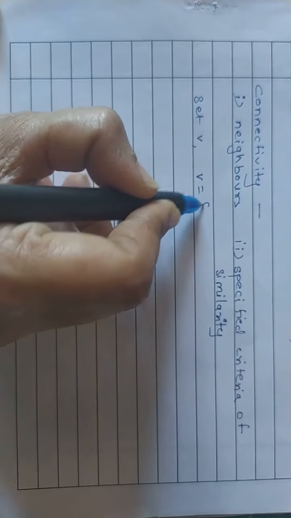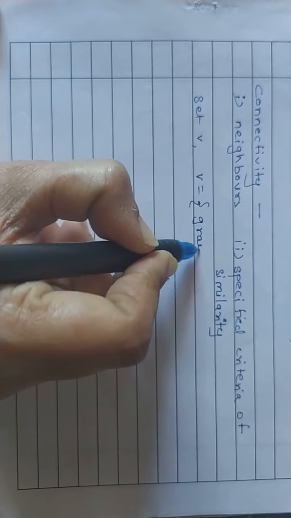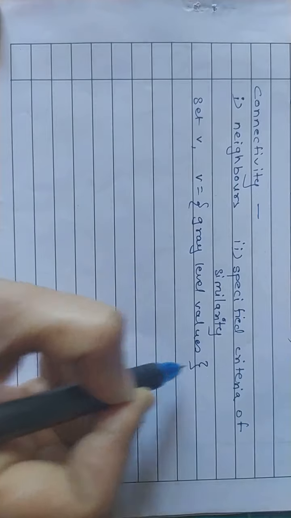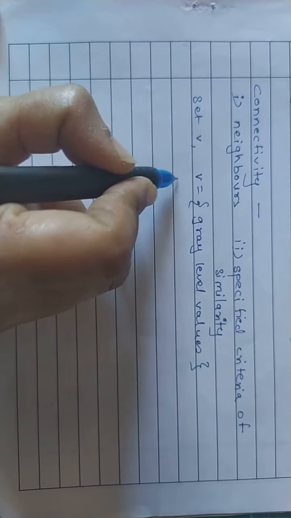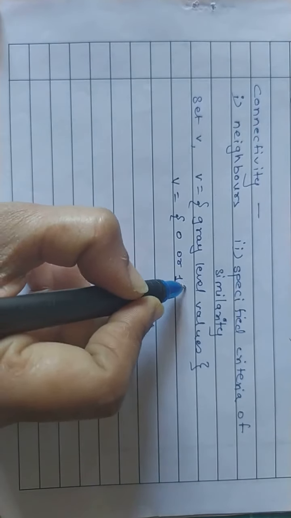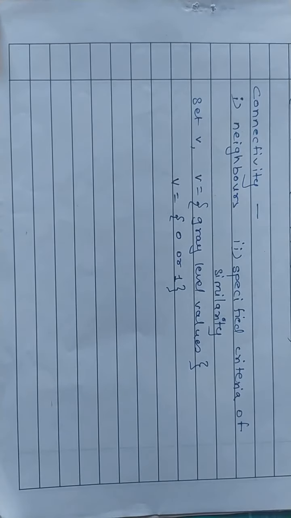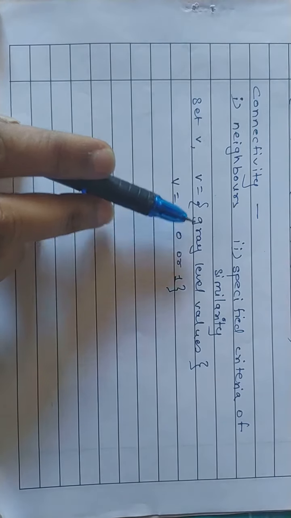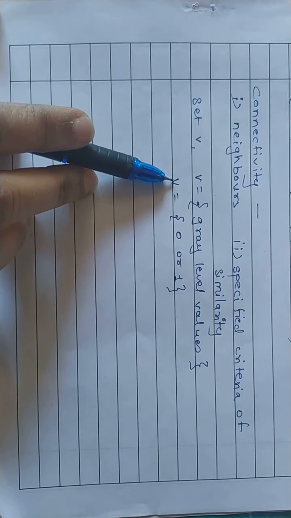In the case of grayscale images, set V is the gray level values, and in the case of binary images, set V is equal to either 0 or 1. So based on whether it is a binary image or a gray level image, the value of set V is going to vary. Based on this, we can consider there are 3 types of connectivity.